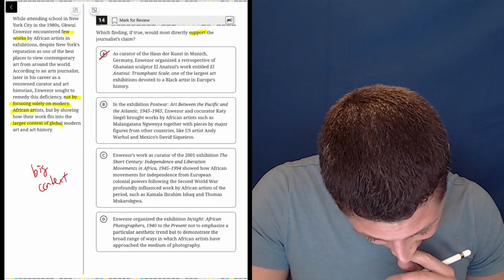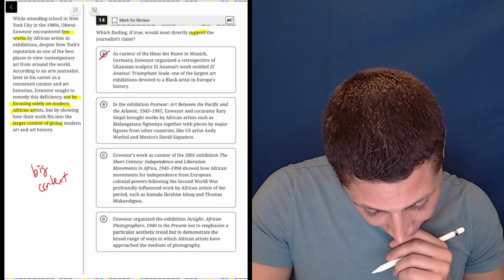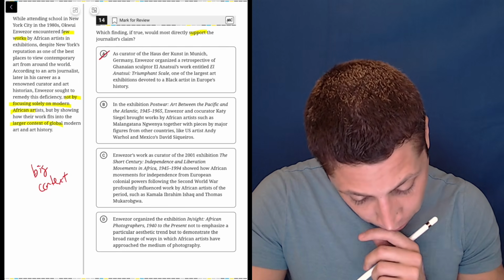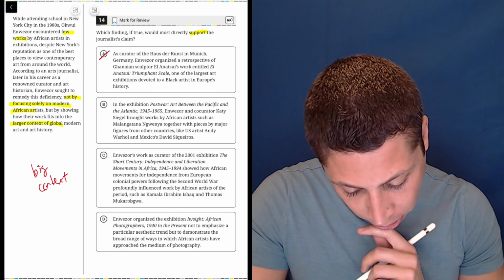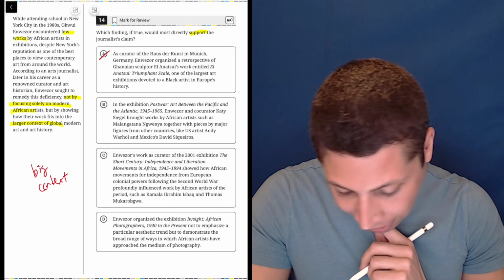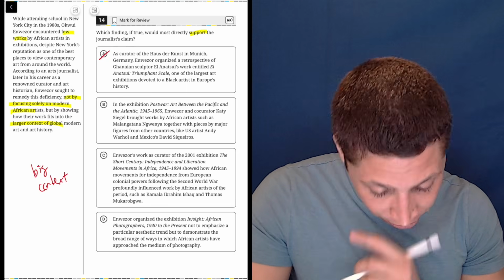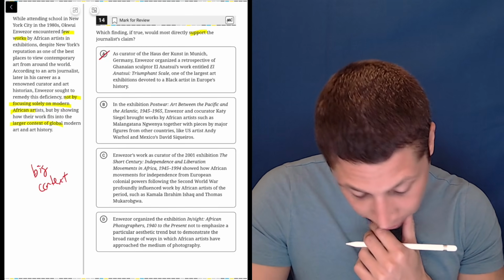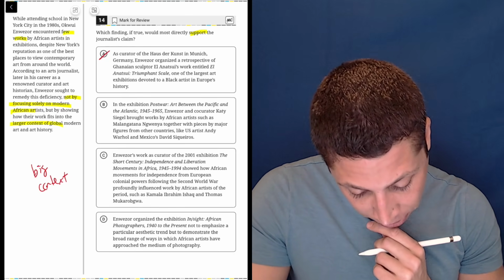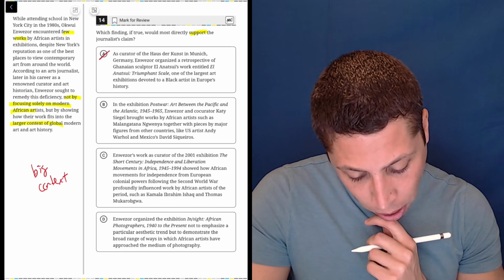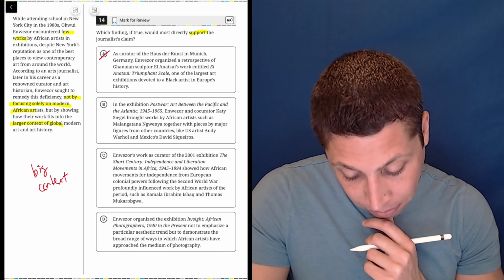And C, this exhibition showed how African movements for independence from European colonial powers, following the Second World War, profoundly influenced work by African artists of the period. Again, that's not big picture. It's earlier. I don't know if it's modern. This person organized the exhibition not to emphasize a particular aesthetic trend, but to demonstrate the broad range of ways in which African artists have approached the medium of photography.